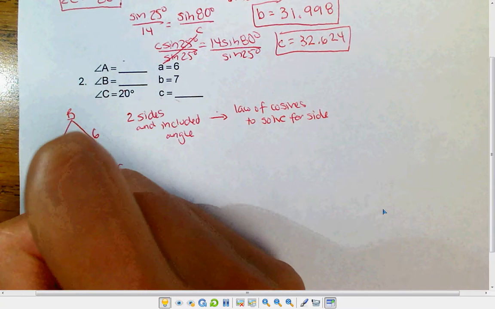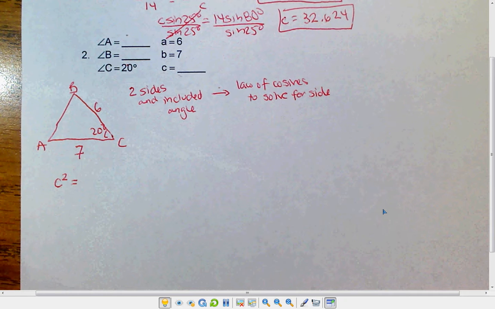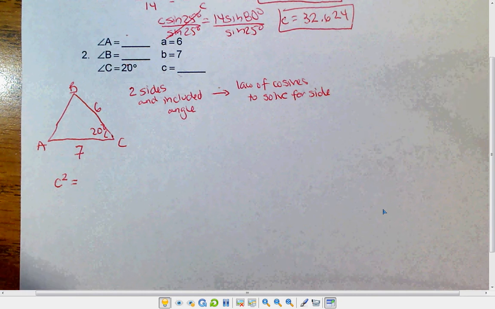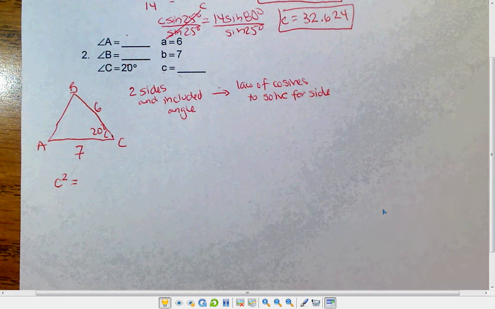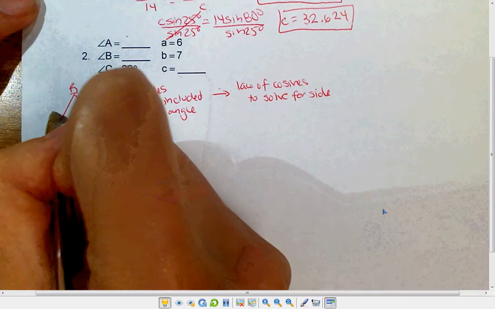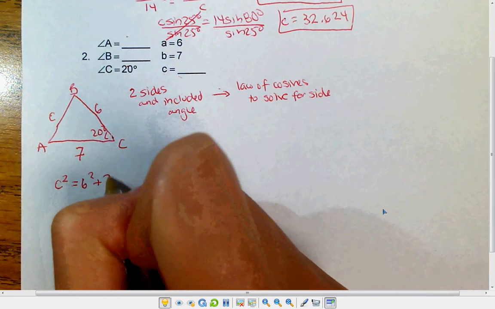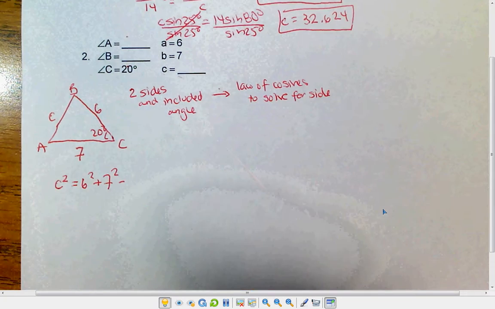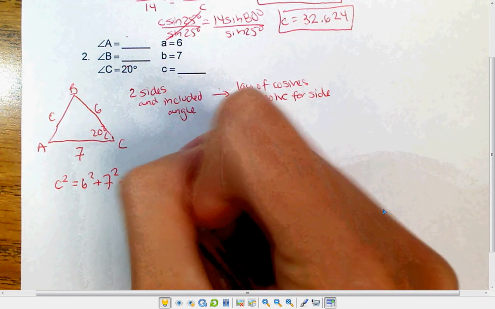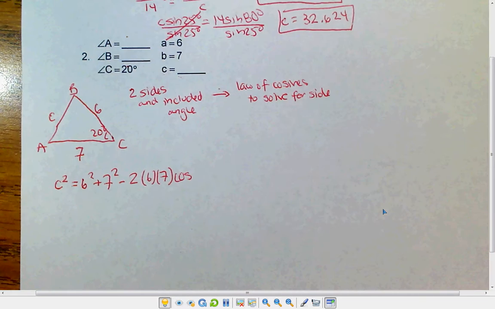So looking on your paper, to solve for the side, we're going to use the first equation. We have c squared equals. The first two variables are your other two sides. So here is c. My other two sides are 6 and 7. So I have 6 squared plus 7 squared minus 2 times 6 times 7, then cosine of the opposite angle.